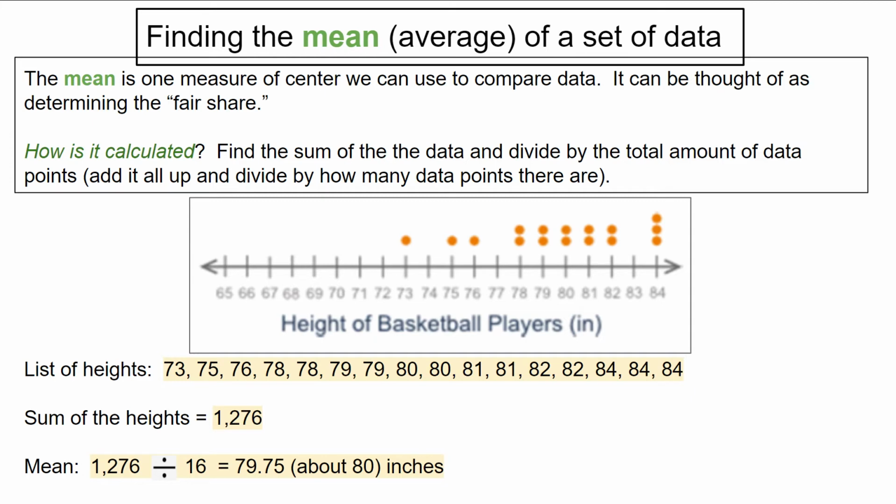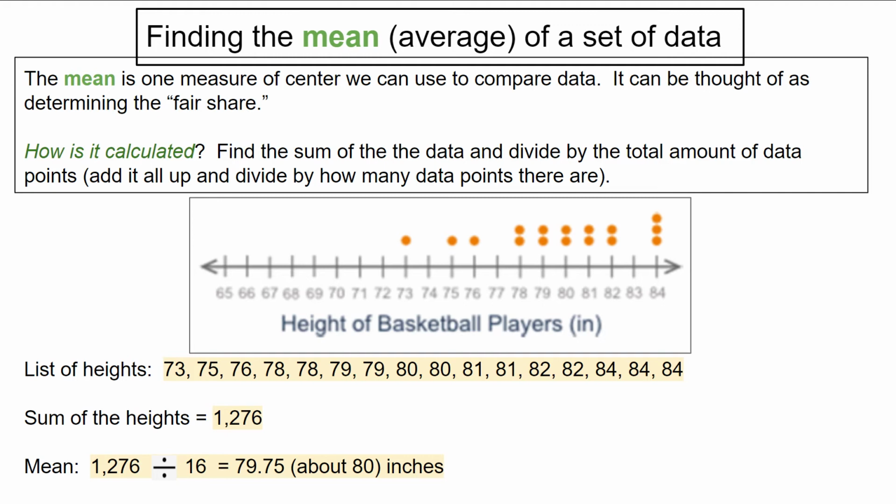So 1,276 divided by 16 equals 79.75 inches, or about 80 inches is the average height of the basketball players. So again, we add the data up, and we divide by however many data points there are. That is how we calculate the mean or the average or the fair share of the data.